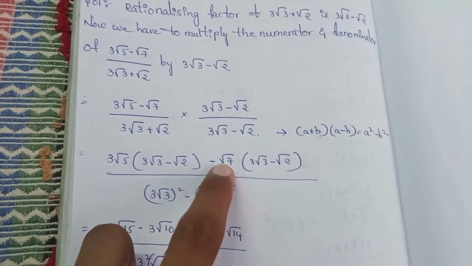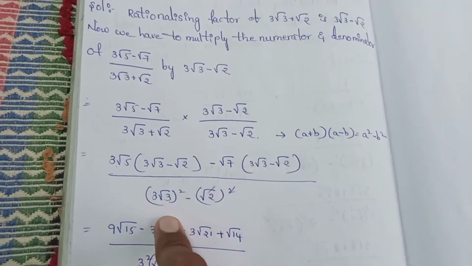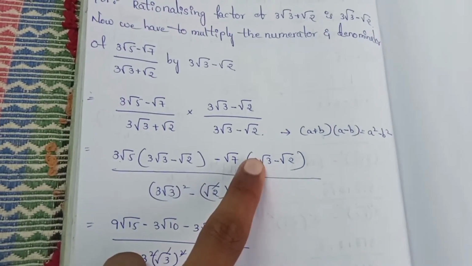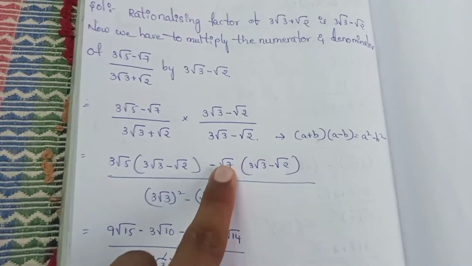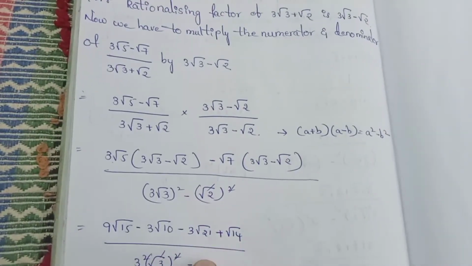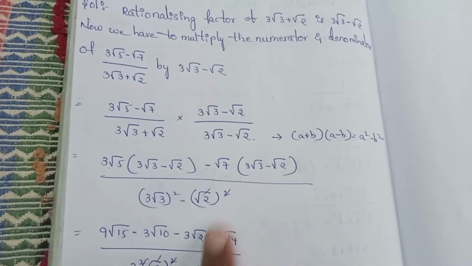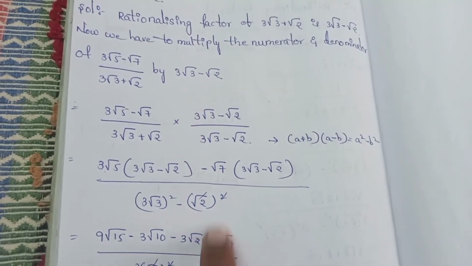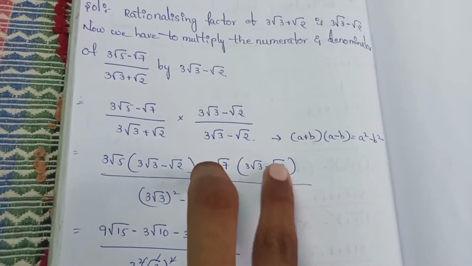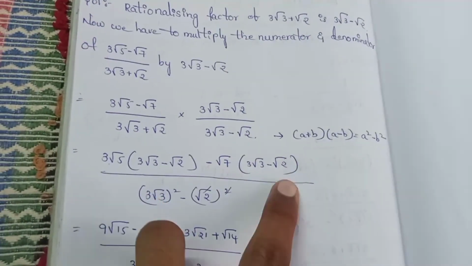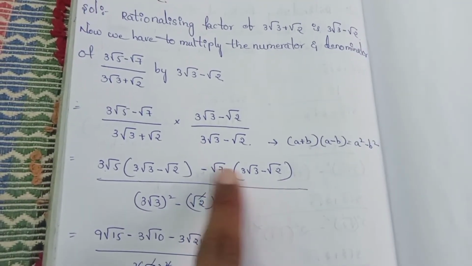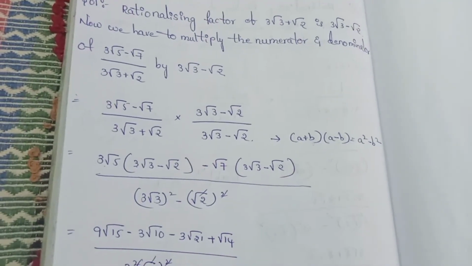See, minus is present here, plus into minus is minus. Root 7 into 3 root 3: 3 is a single term so we write 3, root 7 into root 3, the roots combine, 7 into 3 means 21, minus 3 root 21. Then we multiply these two terms: minus root 7 into minus root 2, minus into minus is plus, root 7 into root 2 means 7 twos are 14, root 14.